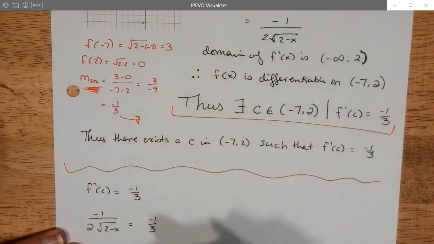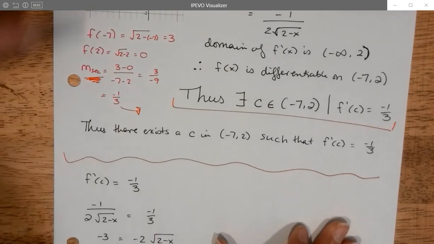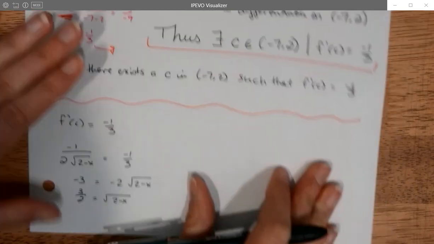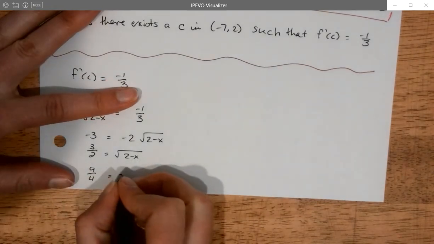If I cross multiply, negative 3 equals negative 2 square root of 2 minus x. Divide off the negatives, divide off the 2. 3 halves equals square root of 2 minus x. Square both sides, 9/4 equals 2 minus x.